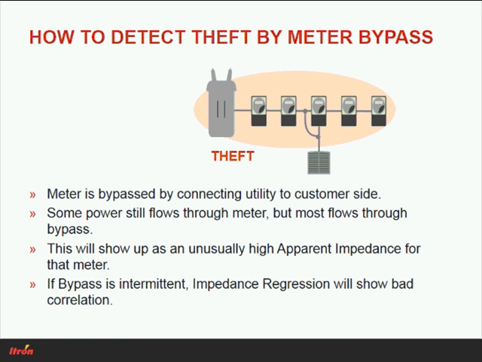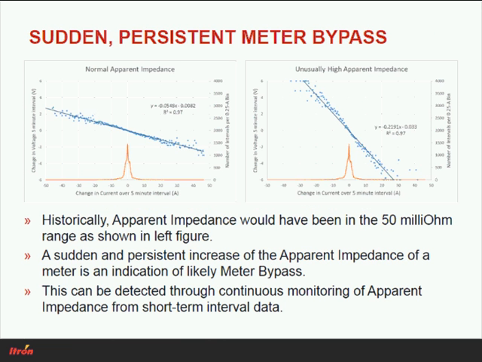The other type, the meter bypass, is a little different. The meter bypass can be found in a different way. If it's a permanent bypass, remember this line here where we got the regression on the meter? In a permanent bypass, the slope will be a lot higher because less measured power would cause a change in voltage than when everything was measured.